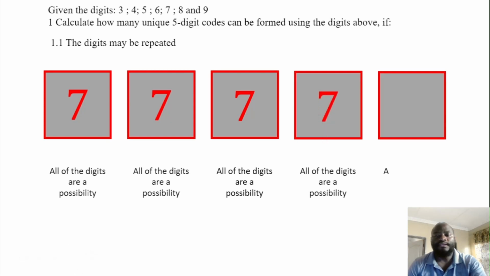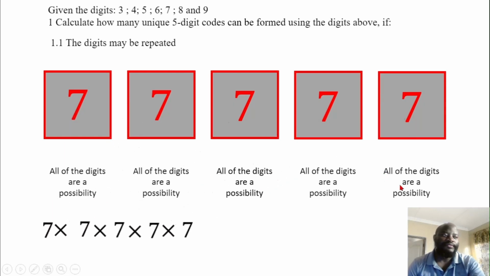And the answer will be simply multiplying these 7s together. And that gives us 7 to the exponent 5, which is 16,807. That was easy.